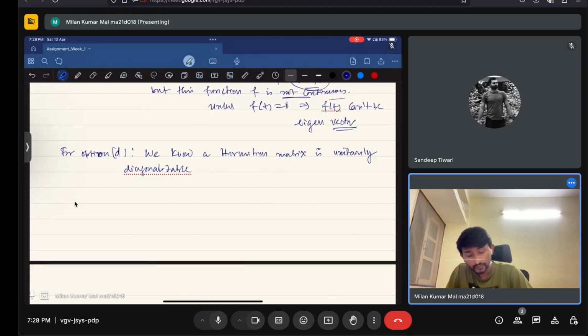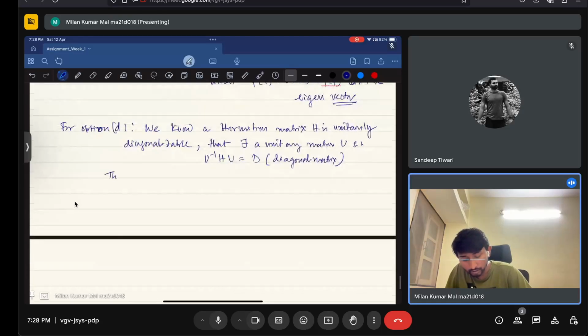Hermitian means self-adjoint, so there exists a unitary matrix U such that U inverse H U equals D, a diagonal matrix, right?